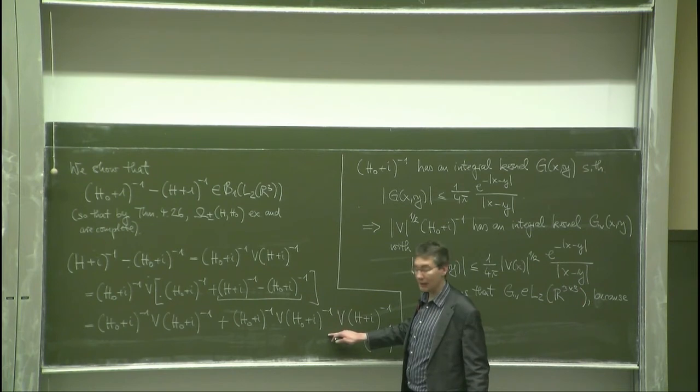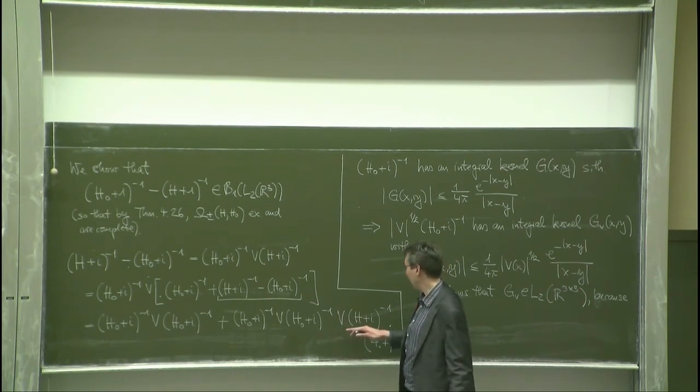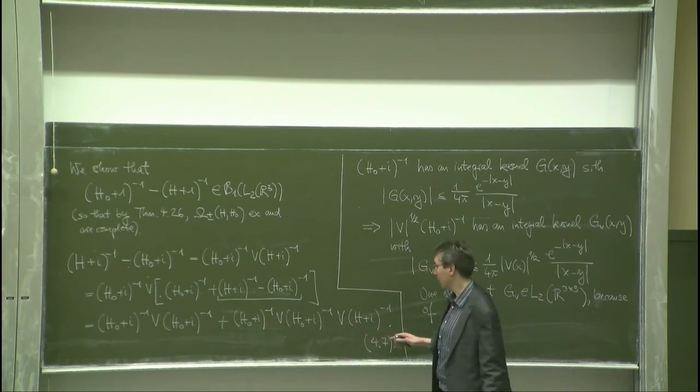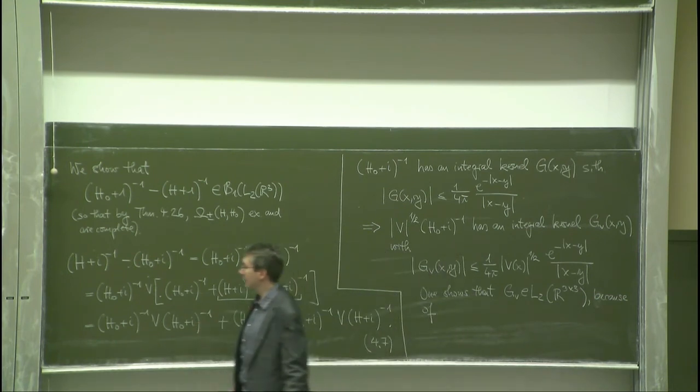And by the property that the trace class is an ideal, we conclude that if we apply a bounded operator here, then the whole object is again trace class. So this whole right-hand side is a trace class operator, and this is exactly what we wanted to show. And then we can apply Theorem 4.26 to obtain that the wave operators for this setting exist and are complete. This is what this example shows.